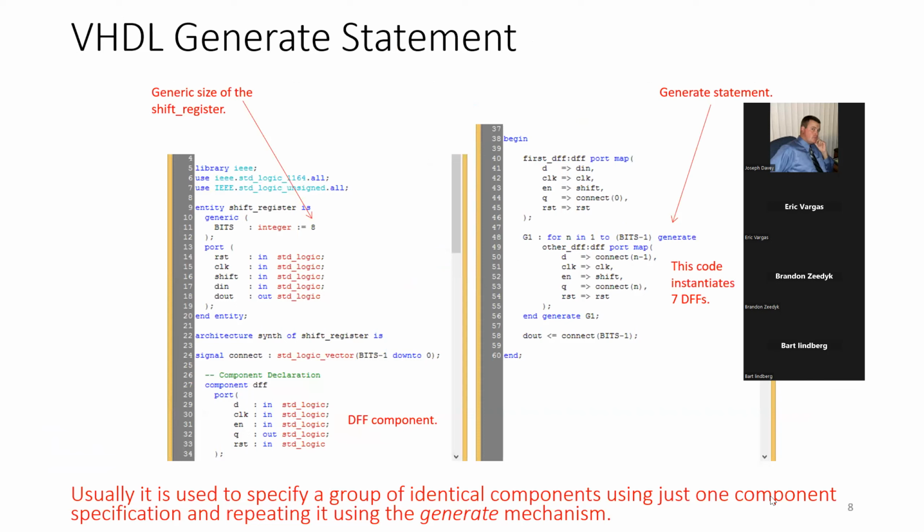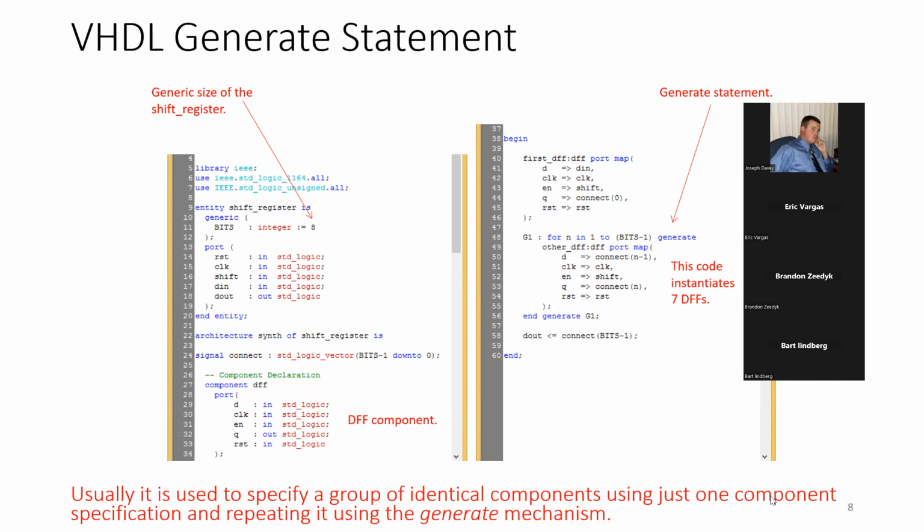And we used the VHDL generate statement. And we saw how the generate statement makes the programming very easy, because I am calling the D flip-flop module, or the small program of D flip-flop, all the time.